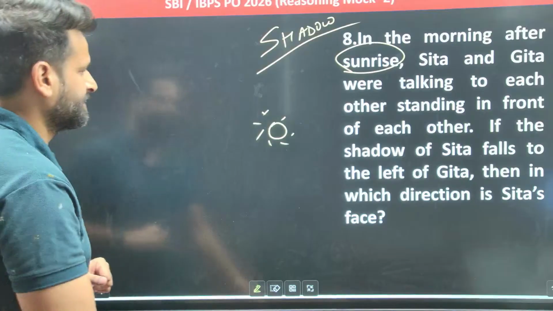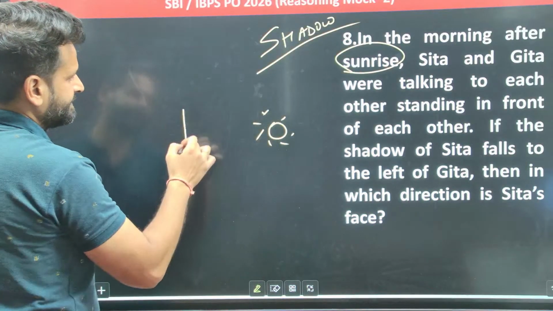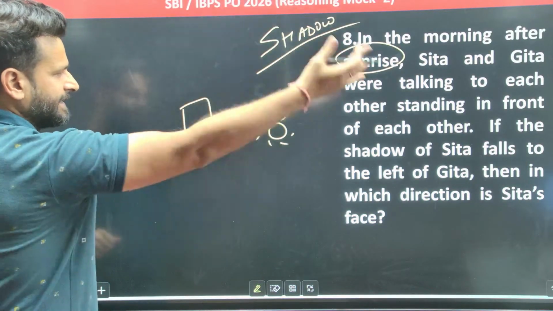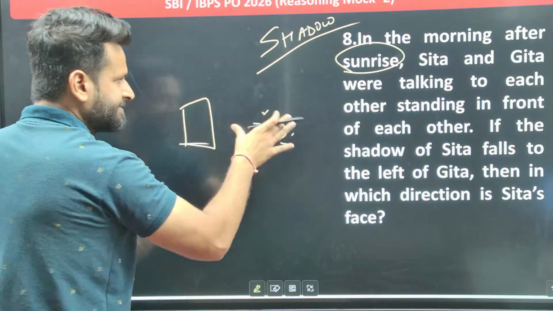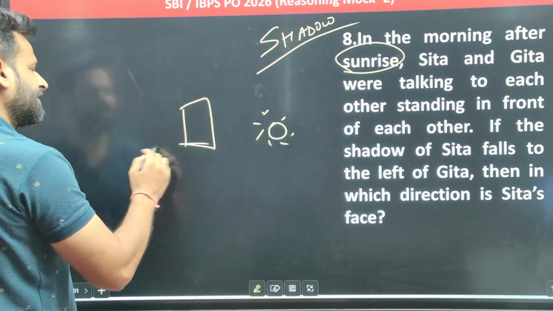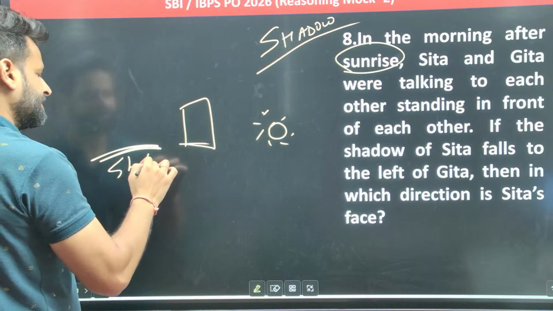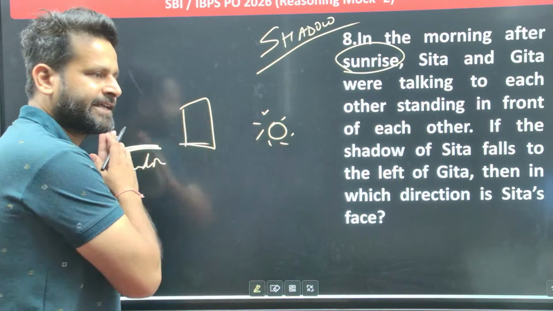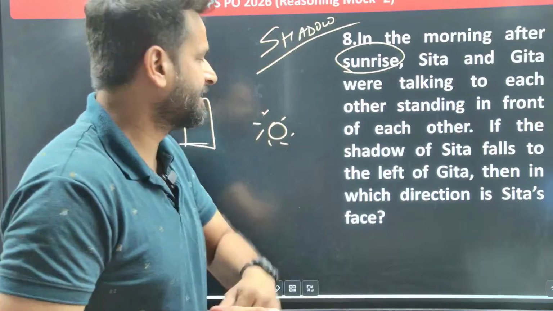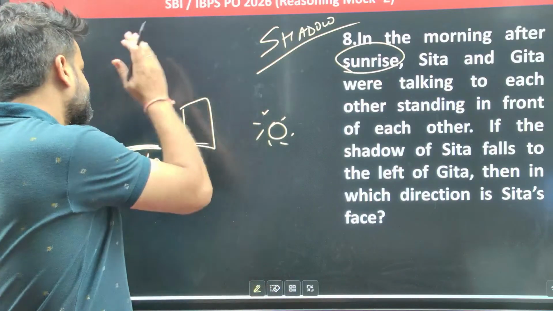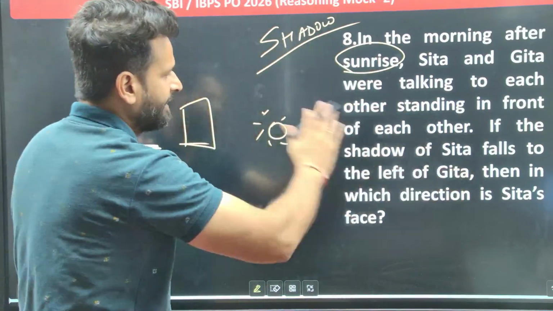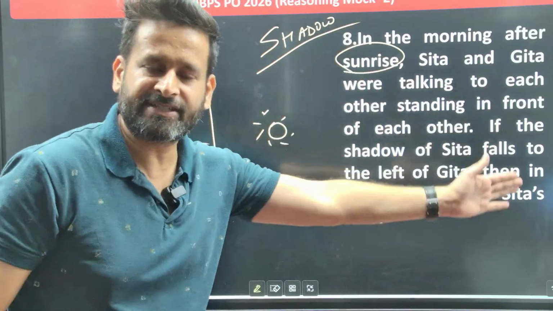So what will the sun do? If this is the sun in the east direction, in morning time, this will be the shadow. The shadow will always fall in the west direction. And just the opposite in the evening.